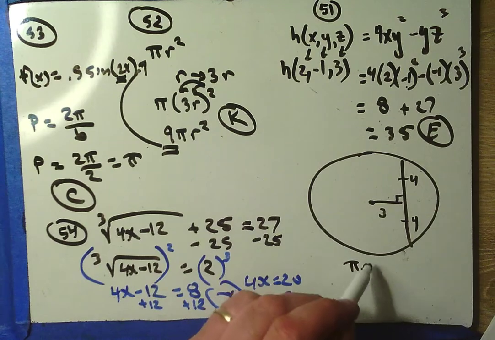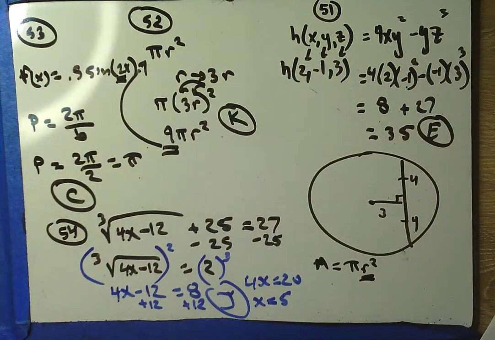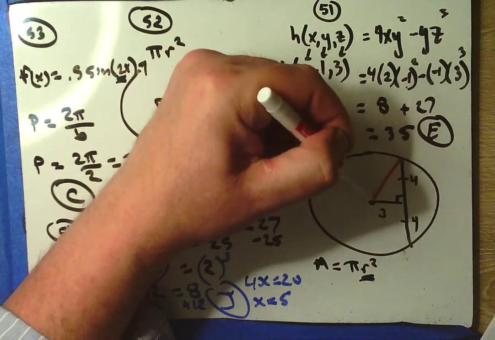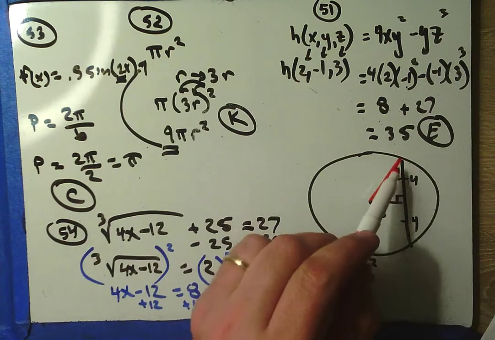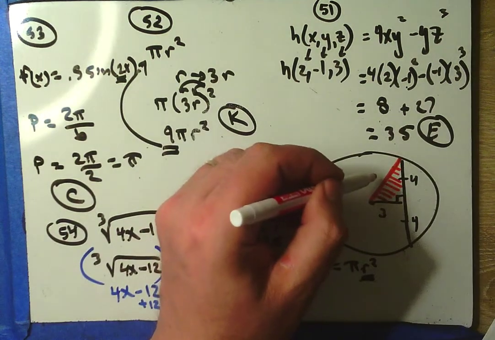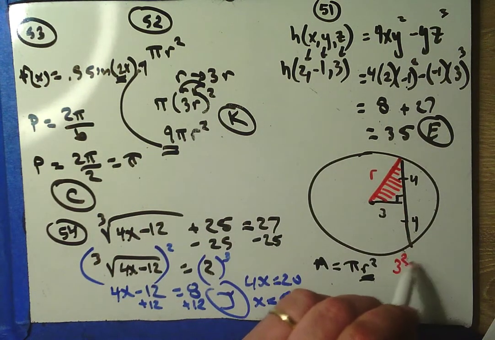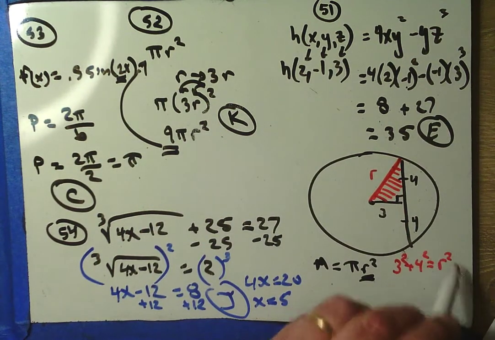Well, in order to know the area of the circle, I need to know the radius. And how do I see the radius in this picture? There's the radius, and look, a right triangle. How long is the radius? Well, 3 squared plus 4 squared equals r squared.